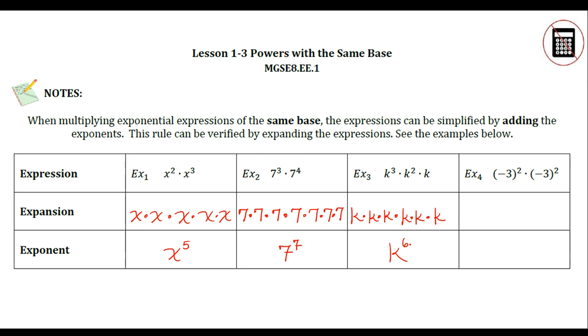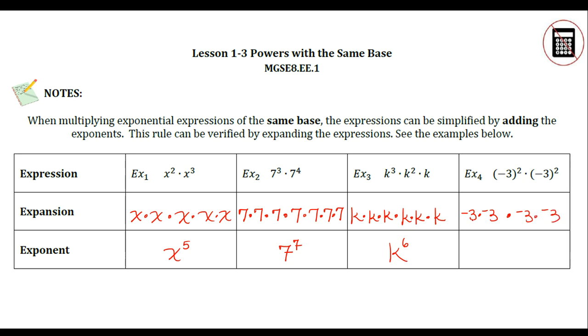So you may be seeing a pattern of a quick rule, but let's try one more. We have -3. The negative is included as the base, so we have (-3) squared times (-3) squared. We're going to expand, so (-3) squared is -3 times -3, and then it's being multiplied by another (-3) to the second.